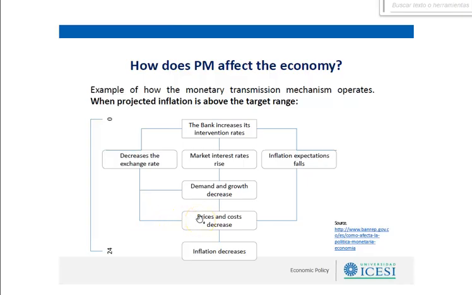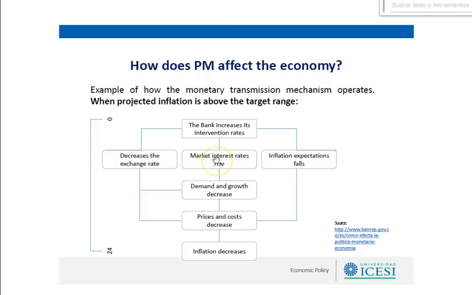So inputs imported by firms, and then the goods of our basket of consumption that are imported, their prices also decrease. So inflation decreases.